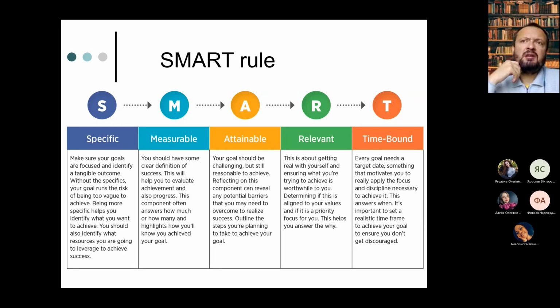Attainable. It means that everybody in your company must believe that theoretically it is possible to achieve this result.